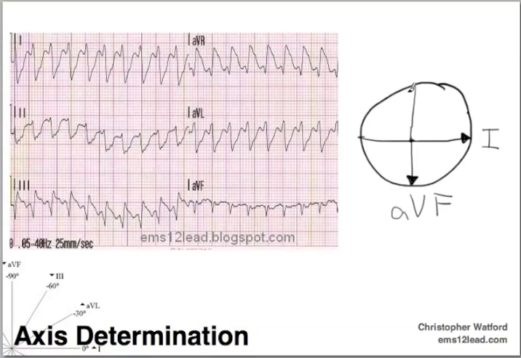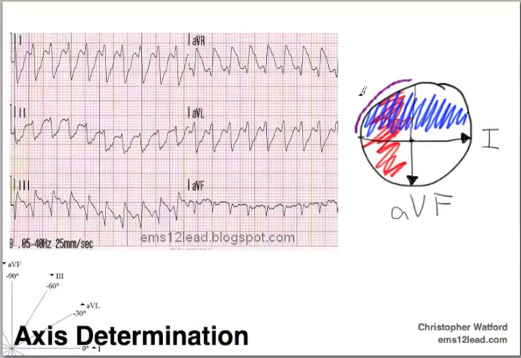This EKG is down in 1 and down in AVF. In this instance, we've localized this without any further work to the extreme right axis deviation, or ERAD, or no man's land. This is bad.